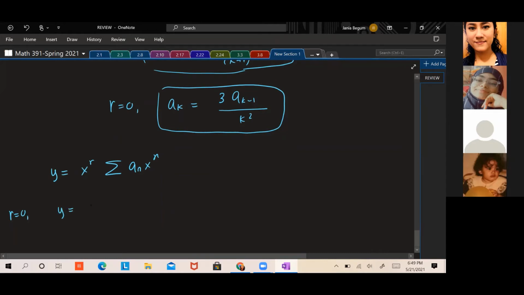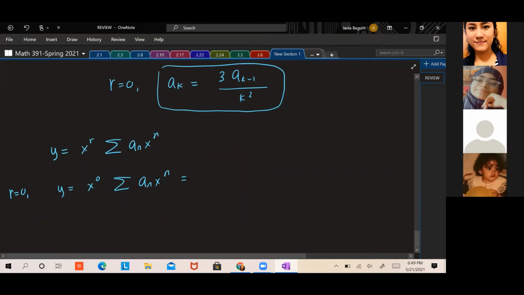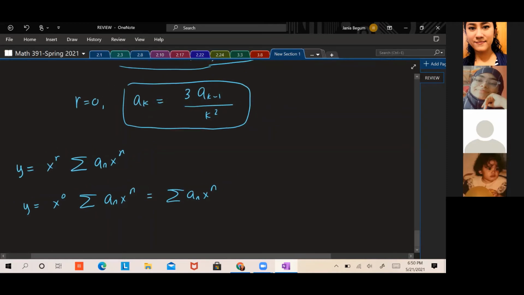So we have x to the 0 times the sum of a_n x to the n. Now, of course, we know x to the 0 is 1. So this will just come down to, oh, it's just the power series. Now, let's write out a few terms.